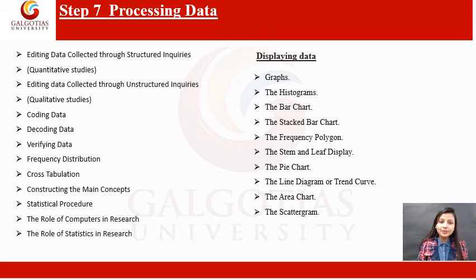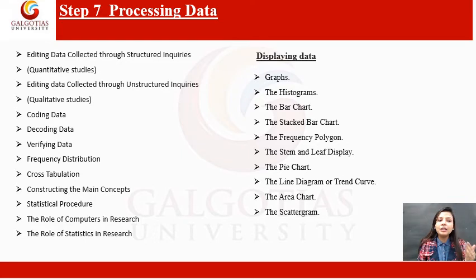In step 7, there is processing data. After collecting, there is processing of data: editing the data collected through structured interviews and unstructured interviews, coding the data, decoding, verifying whether it is authentic or not, cross tabulation.